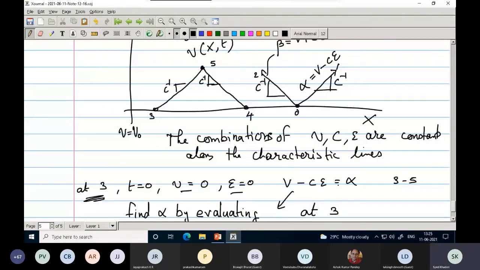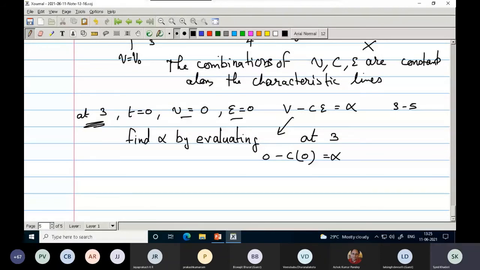So along the line 3 phi, we have the condition that V minus C epsilon is a constant, and that constant is 0. Similarly, I can find out what is my beta for this line phi 4.